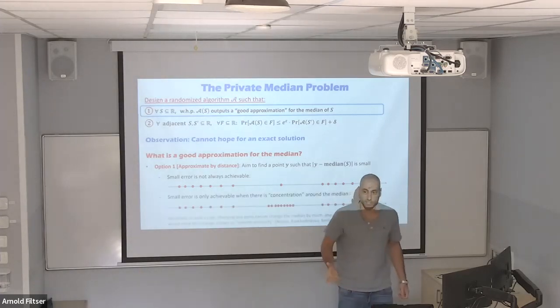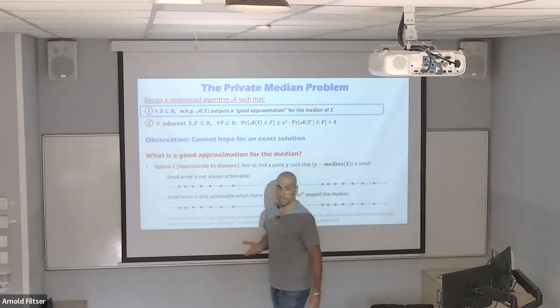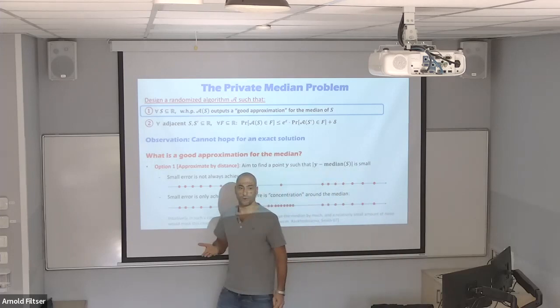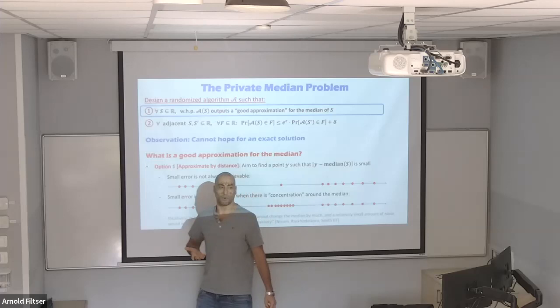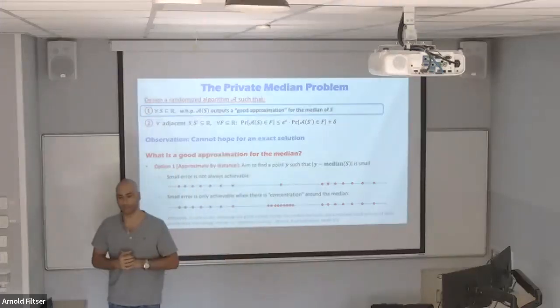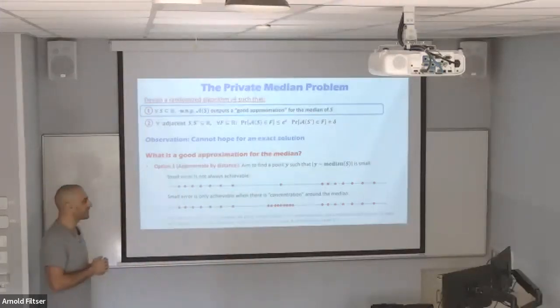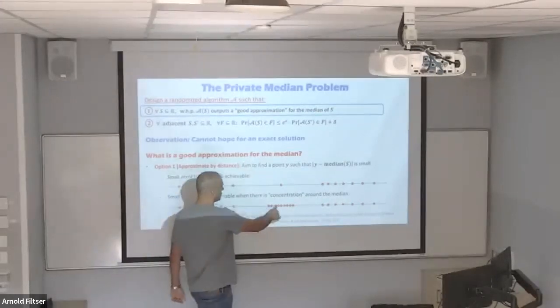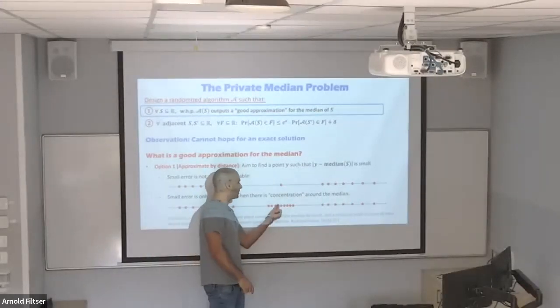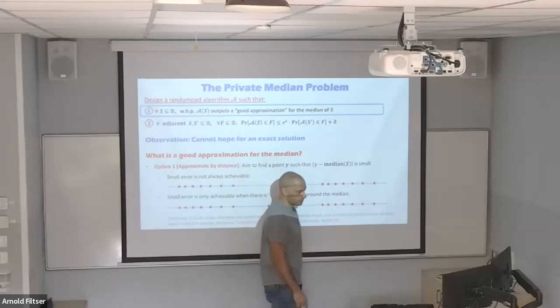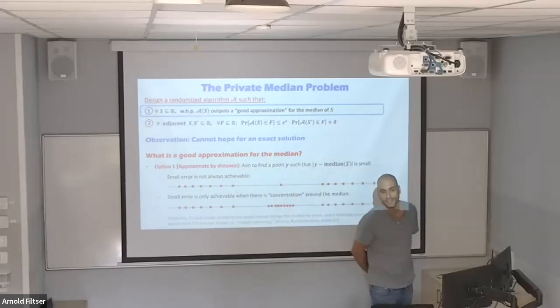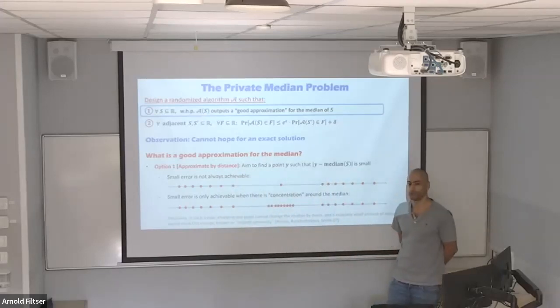In specific cases, you might actually get a good approximation for the median in the notion of distance, in case there is a concentration of points close to the median. The intuition is that if that's the case, then deleting or shifting the actual median only changes the true median by a very little distance, and a small amount of noise would hide this.